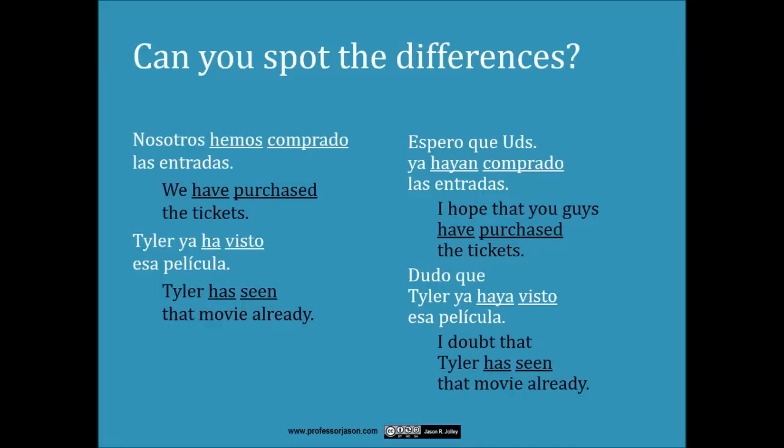So, nosotros hemos comprado las entradas, or Tyler ya ha visto esa película. Those are simple, straightforward, present perfect indicative. But on the right-hand side, espero que or dudo que, you're introducing a main clause that requires a subjunctive. You're complicating a little bit, and we have the present perfect subjunctive.